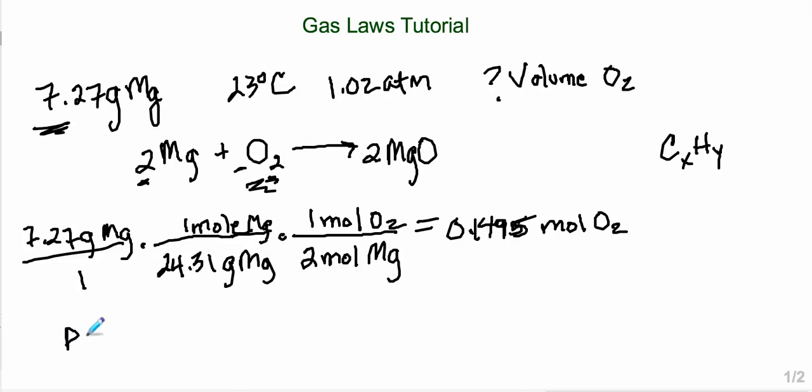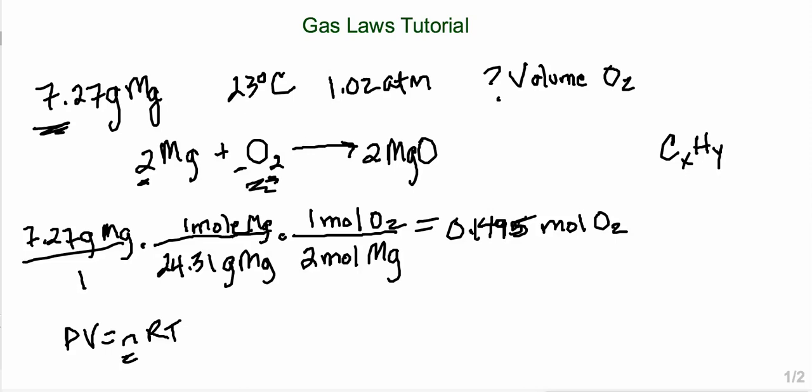If we look at PV equals nRT, there's no g. n is number of moles. So I'm stopping at moles because I'm assuming I'm going to be needing to go on to gas laws and use number of moles. So the question is, what volume of oxygen would be needed at 23 degrees and 1.02 atmospheres?